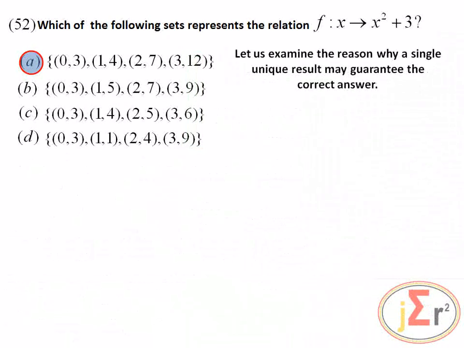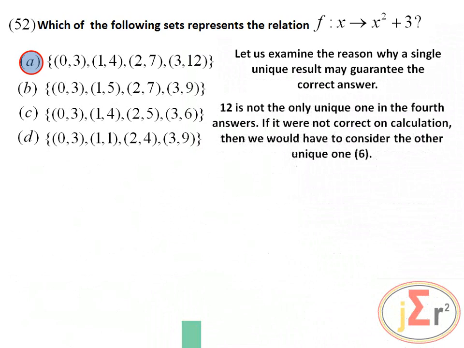Let us examine the reason why a single unique result may guarantee the correct answer. We are going to see how just by making one calculation we are able to identify the correct answer.